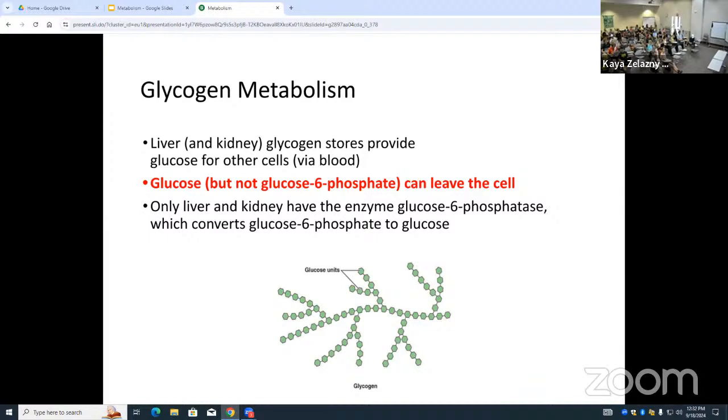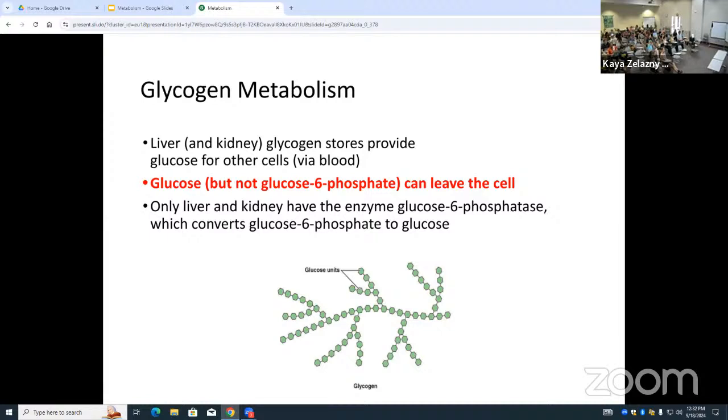In this glycogen metabolism, the glycogen is inside a liver cell. But if you're trying to get all the way to the brain, you need to send something through your bloodstream all the way up to your brain. And glycogen itself can't really leave the cell. So you have to break off the glucose first. And we have an intermediate molecule that gets made in the process of breaking down glycogen.